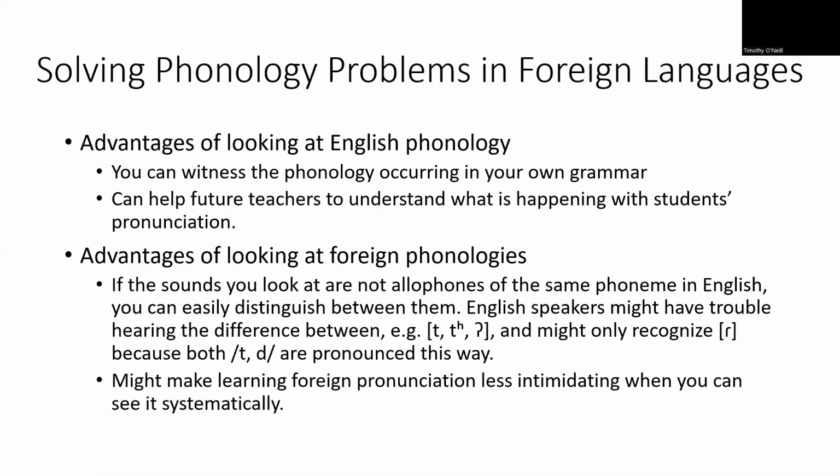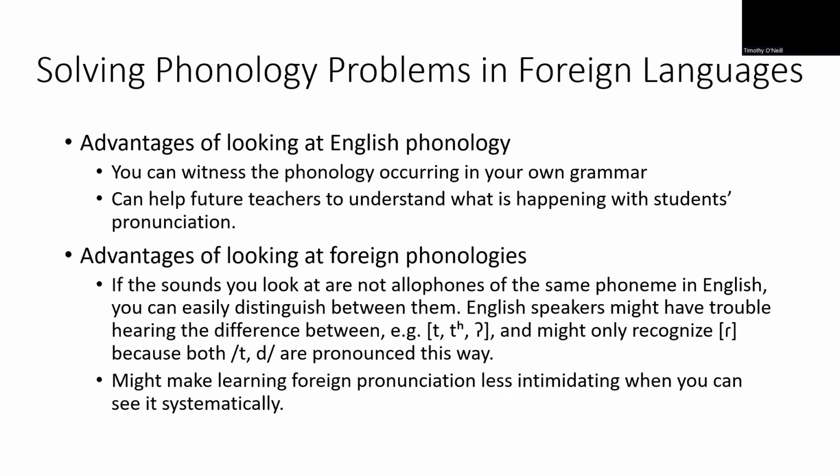So now we've looked a lot at English, and there's some advantages to looking at English. So you can witness the phonology occurring in your own grammar, especially with pairs like Adam and Adam, where you can hear that distinction being lost. It's not like in mountain, where maybe you never noticed there wasn't a T there. And then, of course, a lot of you in this class are going to be teachers, and this can help you with your students' pronunciation.